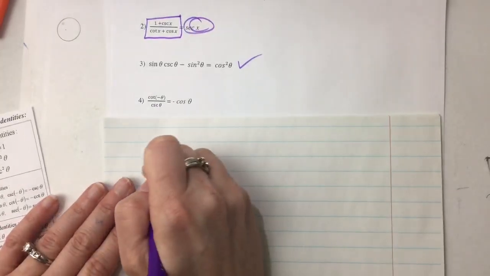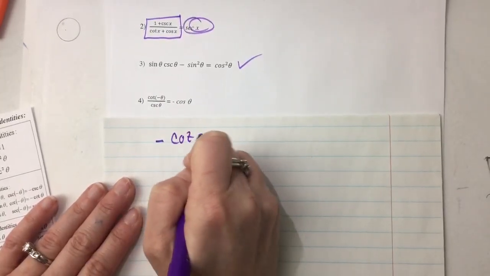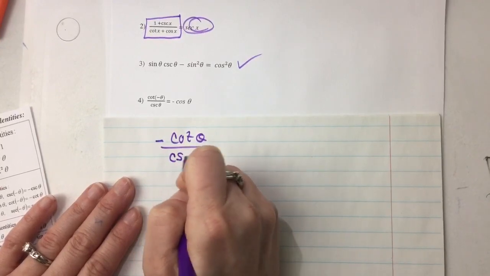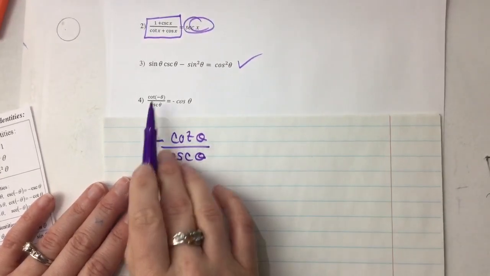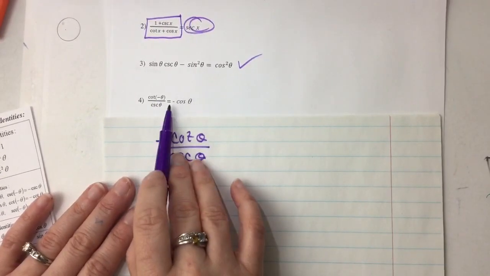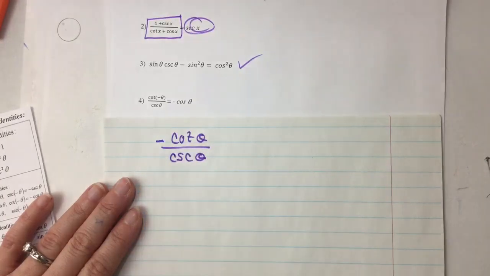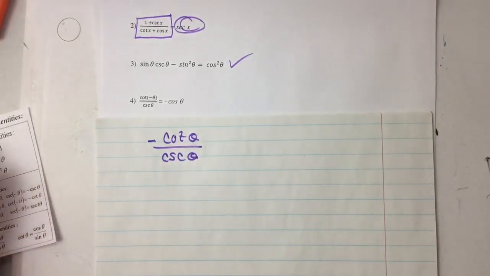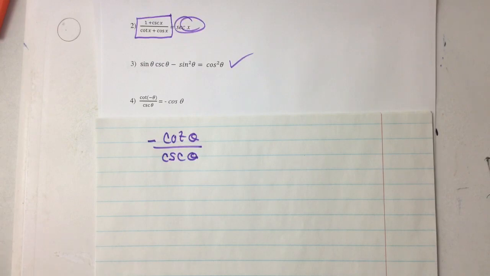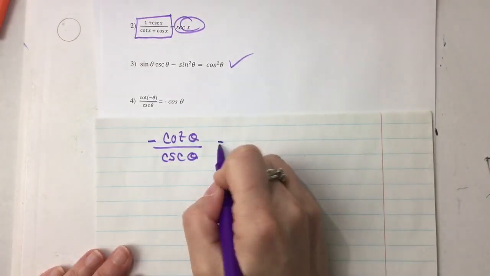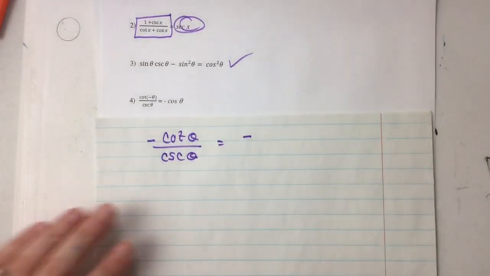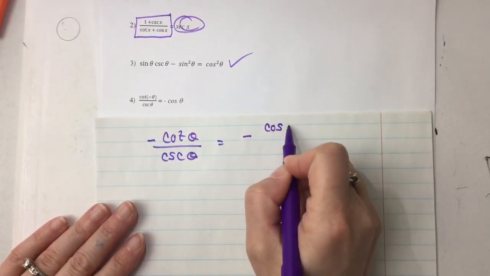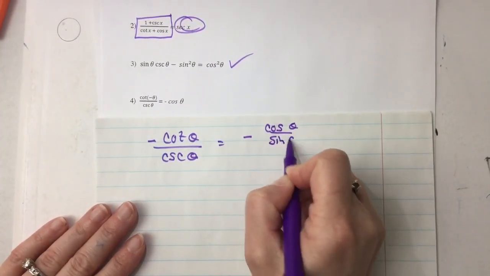So I can change the top to negative cotangent of theta over cosecant of theta. We need to work on this until we can prove that it is a negative cosine of theta. Again, I think the easiest way to do this is change everything to sines and cosines. So on the top, I have negative cotangent, which is cosine of theta over sine of theta.